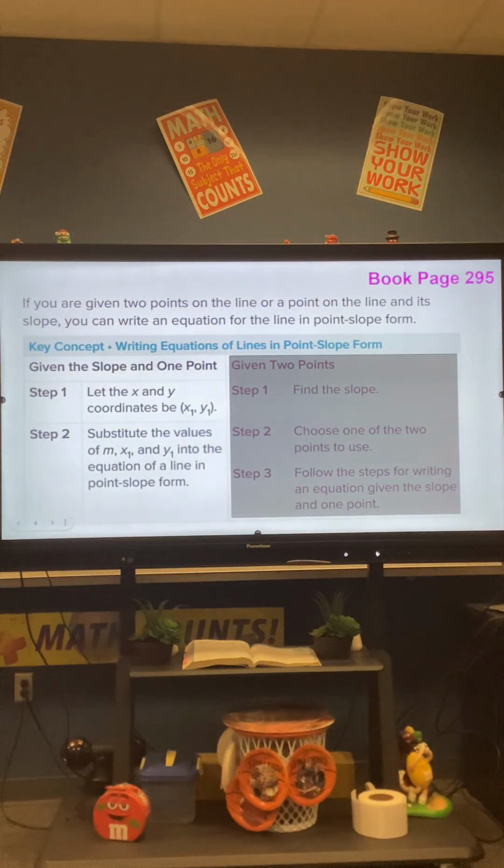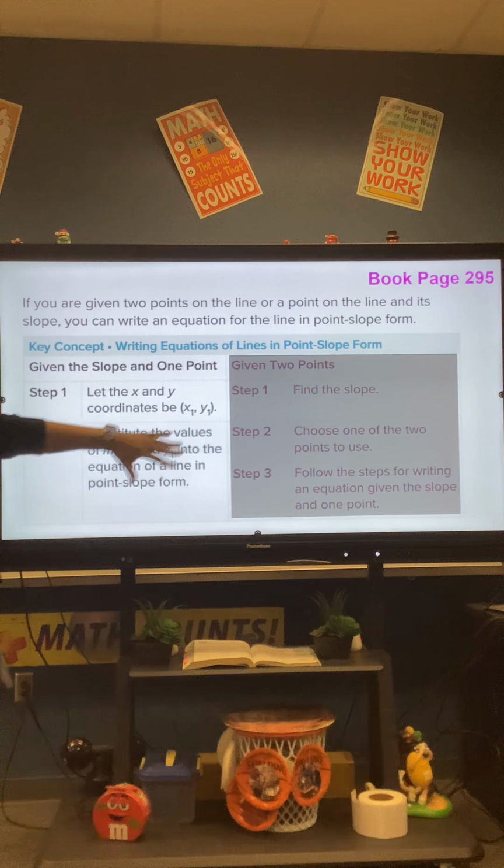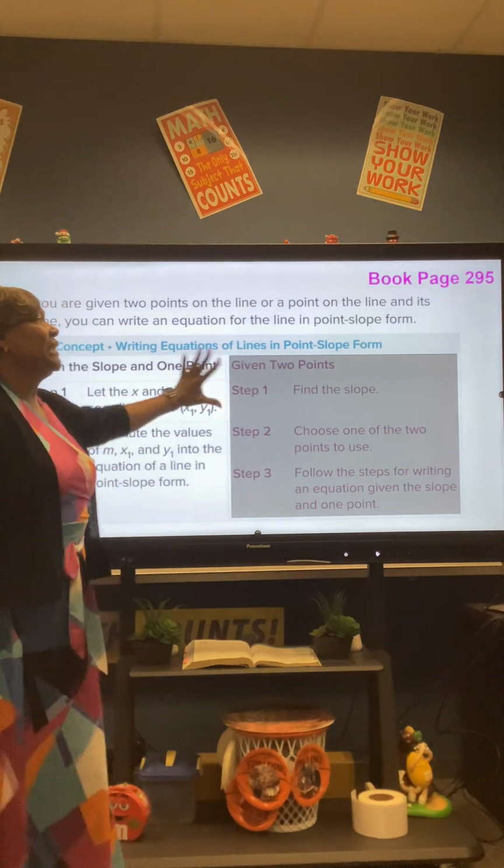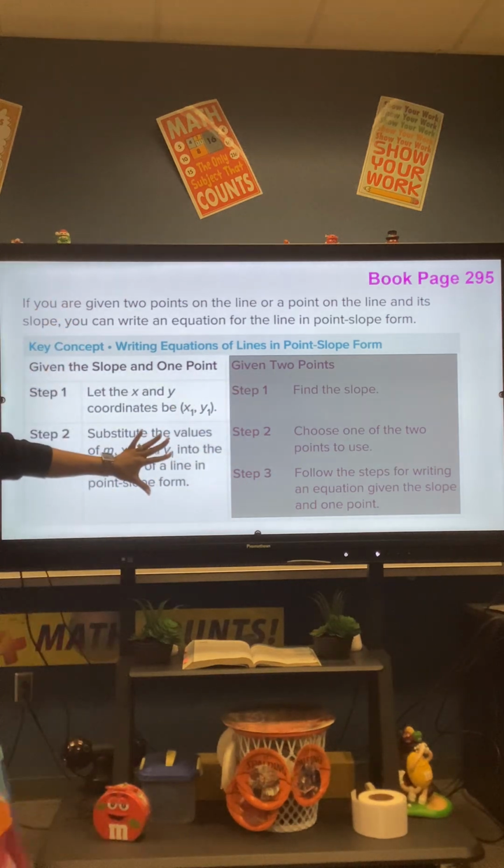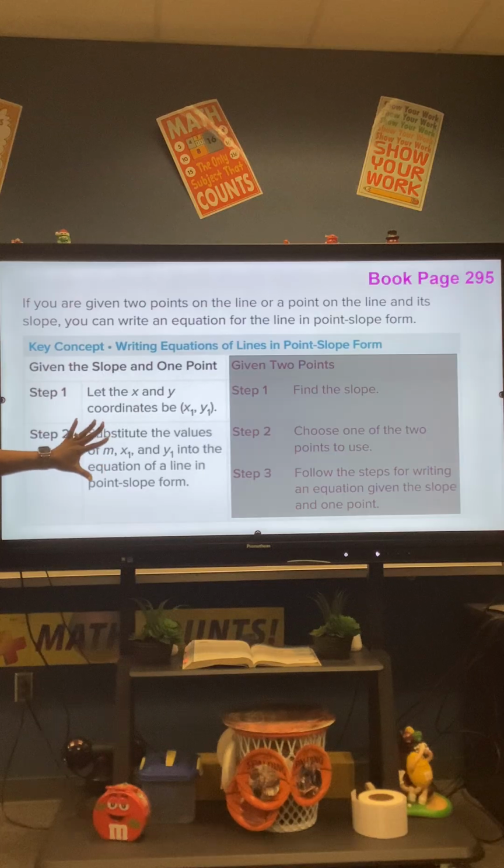All right, here's what we're going to do. We're going to find the slope. We're going to choose one of the 2 points to use. And then we're going to write. I gave it to you in 3 steps because I think this is important. If I give you the slope already and you don't have to find it, that's a blessing.